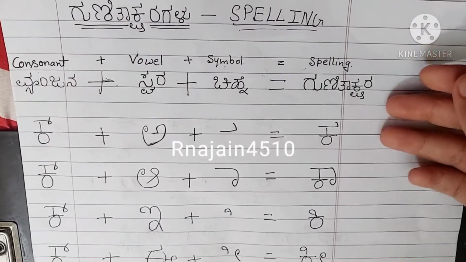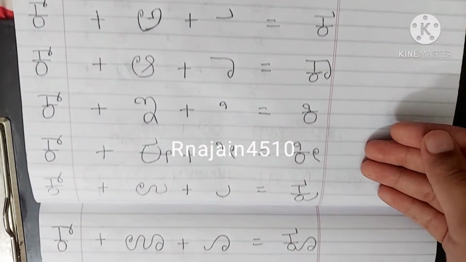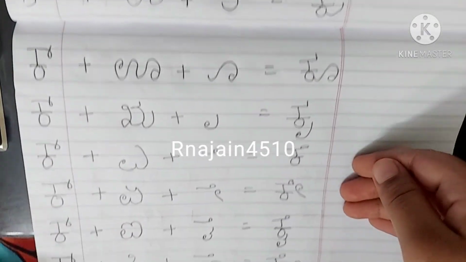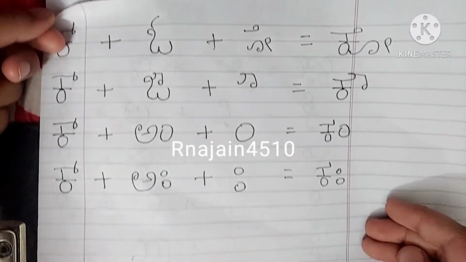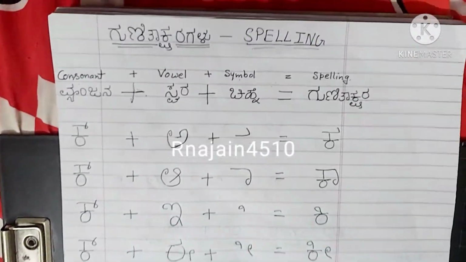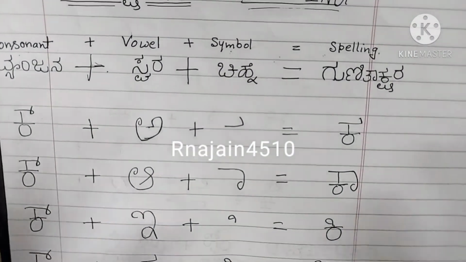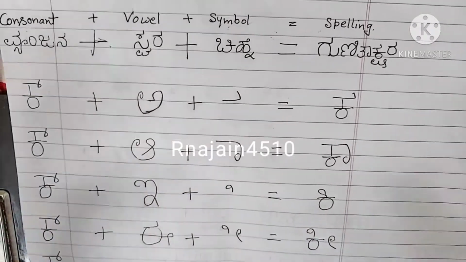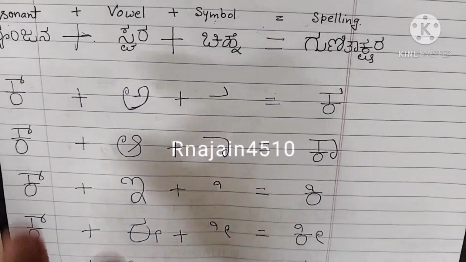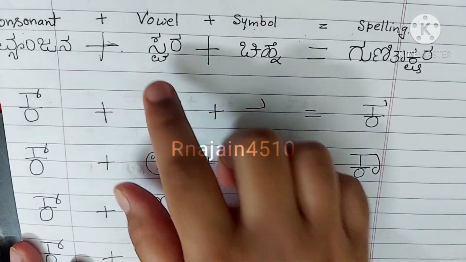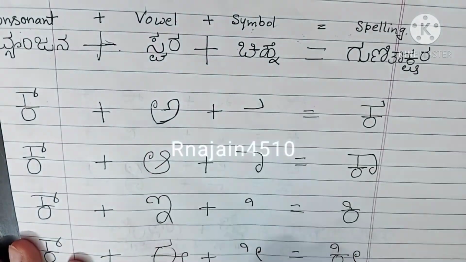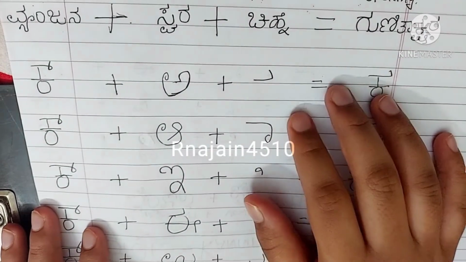So today we completed full Gunitakshara Galu for Ka. Okay. So for all the remaining Vyanjana, always the vowels and the symbols would be the same.